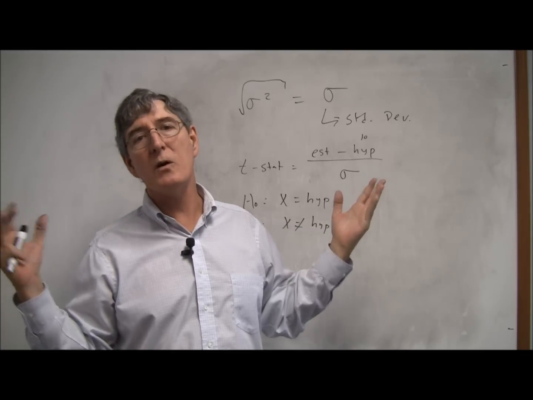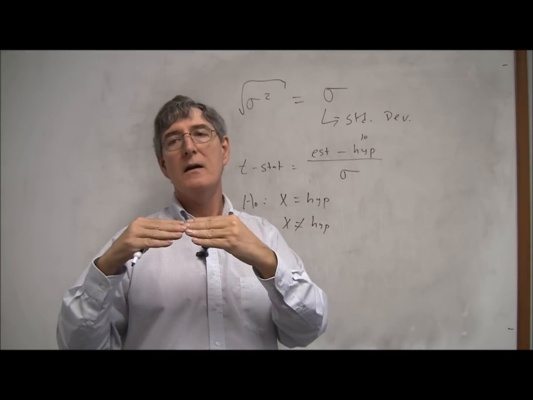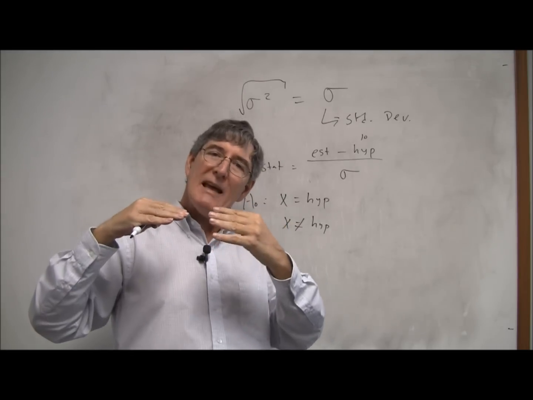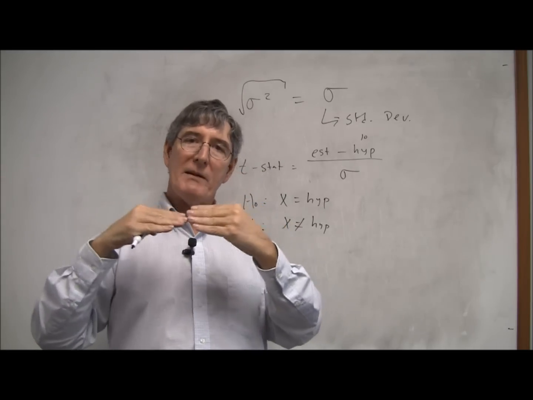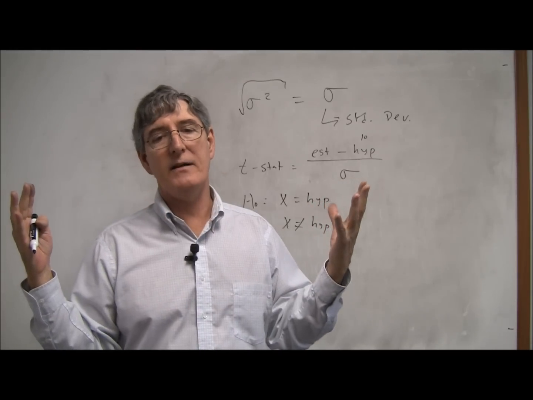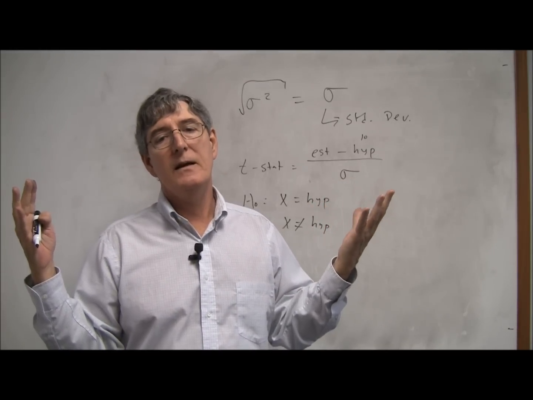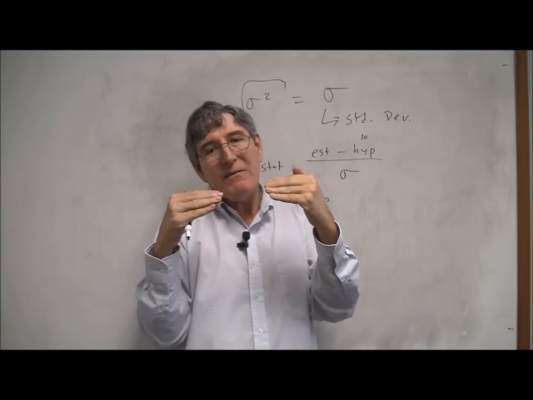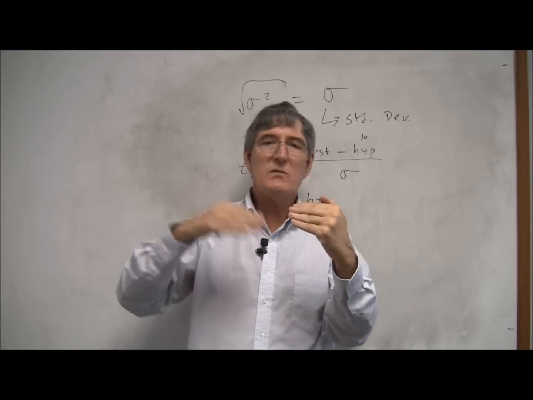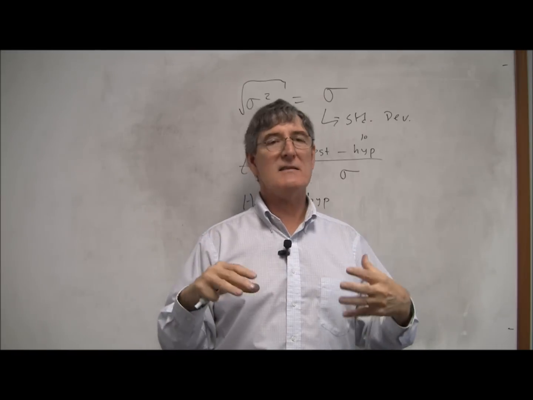That's not everyone in the world, and we measure their average height. That's not going to be exactly equal to the true population mean, the true population average. The question is, if we say we think the average height is 5'5", is our estimate close enough to 5'5" that we can say, yeah, it looks like our hypothesis is correct, because we're going to get some noise, because we're just taking a sample.